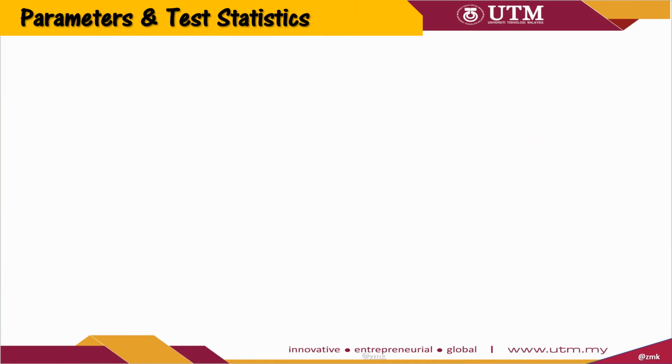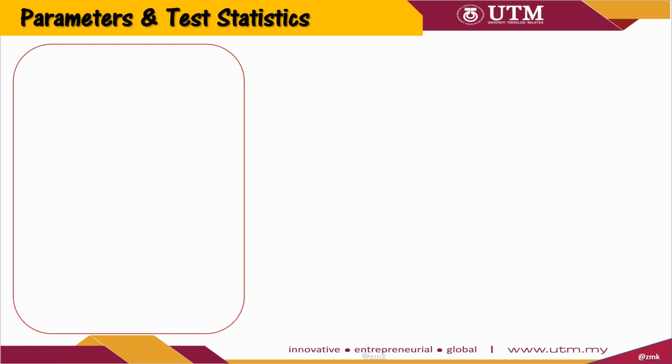Before we go into detail on testing each and every individual population parameter covered in this chapter, let us look again at the list of parameters we are going to test in this chapter. As I mentioned earlier, there are 6 population parameters we will explore in this chapter. Remember, we use Greek letters to denote the population parameters.